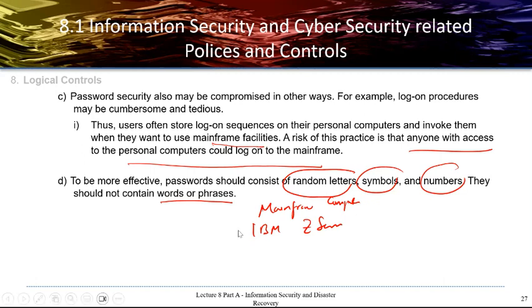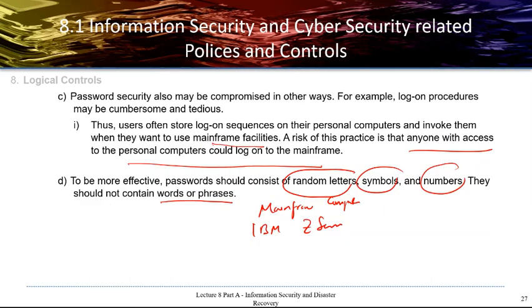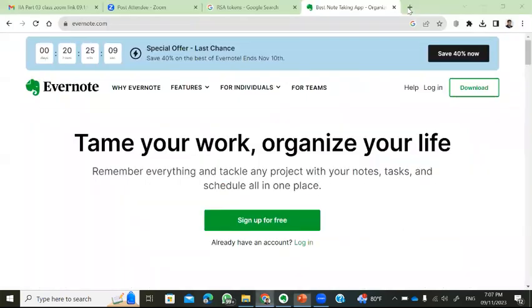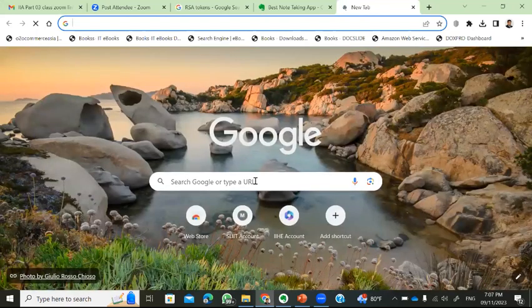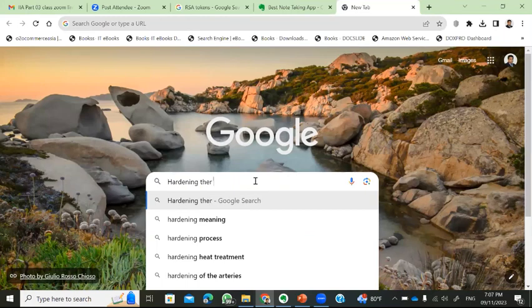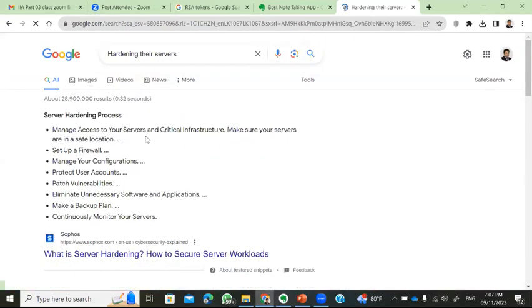So make sure you follow the proper process in applications too. Because if the application doesn't build that in, users will create any type of username and password, any password, but it should not allow that. It should say this is the minimum requirement. When you are installing the servers, you can harden them. Hardening servers involves managing access to your services and critical infrastructure, setting up firewalls, and protecting user accounts.